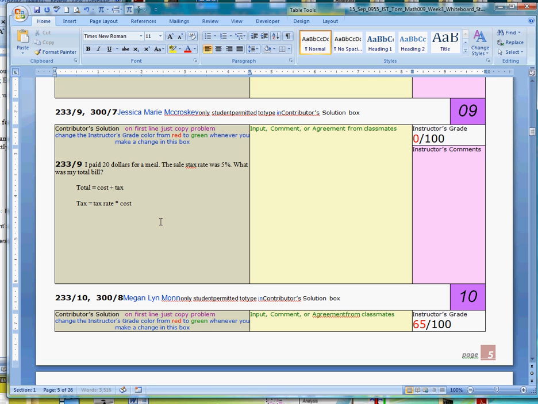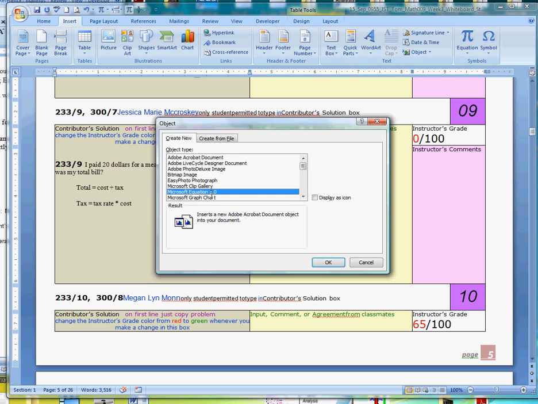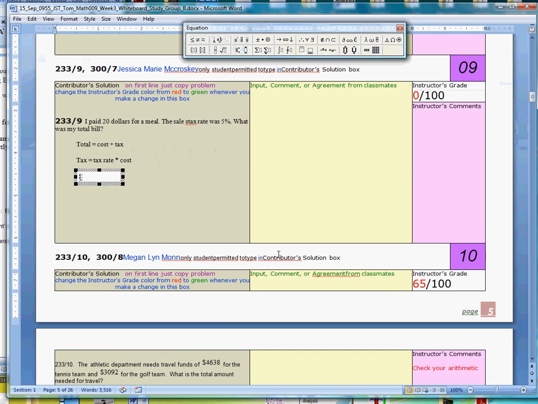So first I'm going to invoke the equation editor here. So insert an object, Microsoft Equation 3.0, and the equation editor comes up. I'm going to say tax equals tax rate.